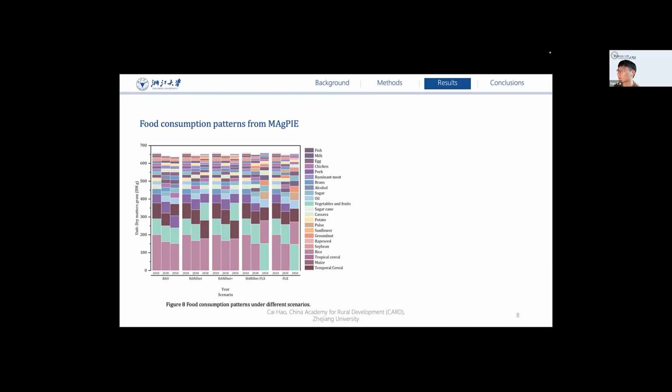Chicken is a type of food that is not very expensive in China, and ruminant meats, milk, eggs and fish are more expensive than chicken. Also, the production of chicken doesn't have too many GHG emissions and doesn't use too much land.